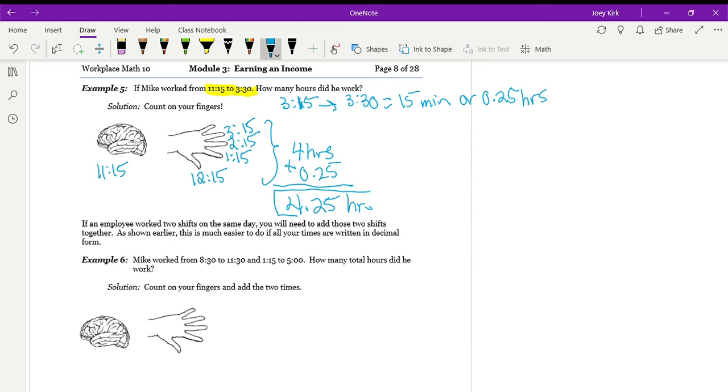So 4.25 hours, or 4 hours, 15 minutes. You don't need to write the word and in there.